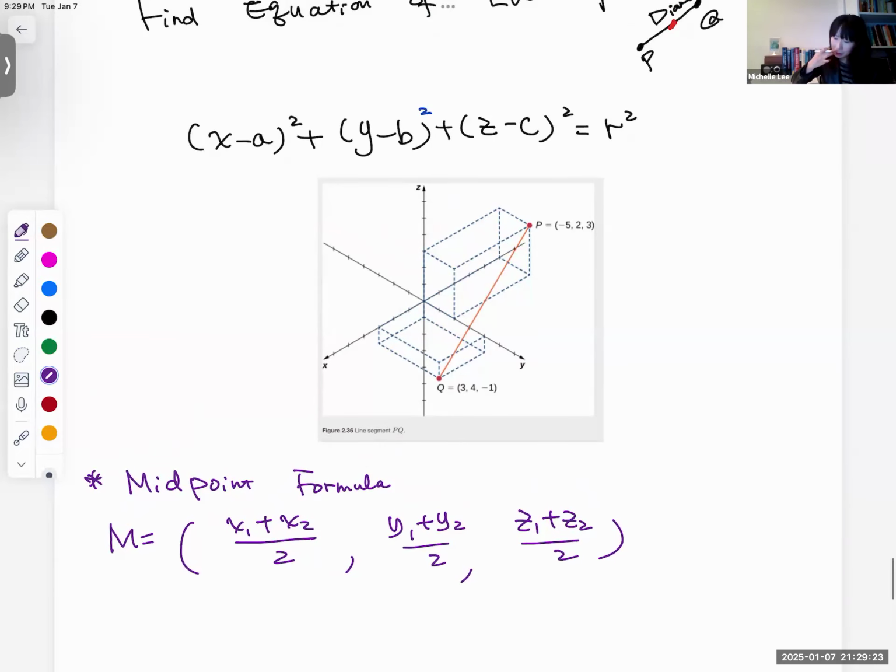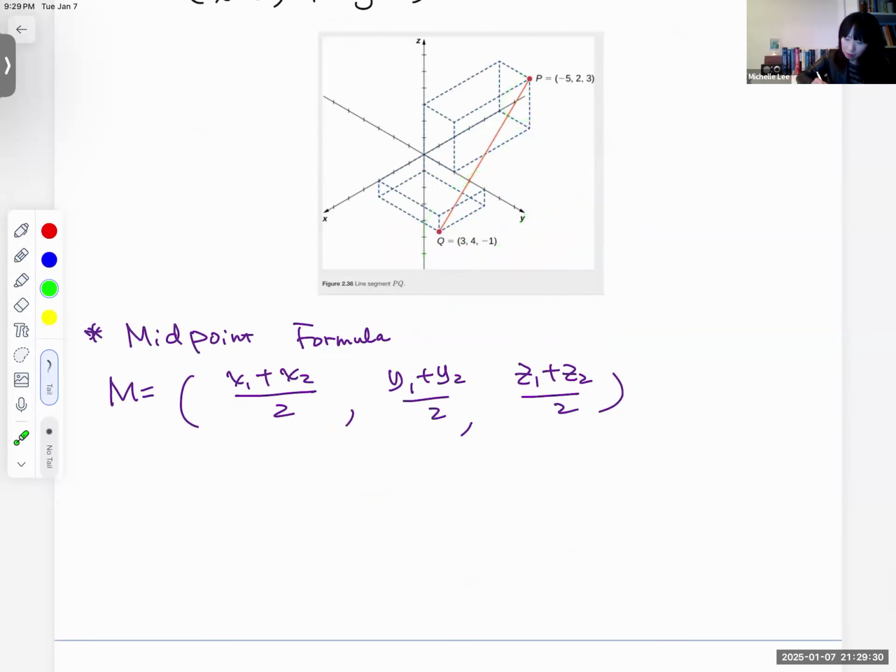Okay, so I need the ordered pair. I can see that here, right? That will be, let's make x sub 1, y sub 1, z sub 1, x sub 2, y sub 2, z sub 2. So -5 plus 3 over 2.